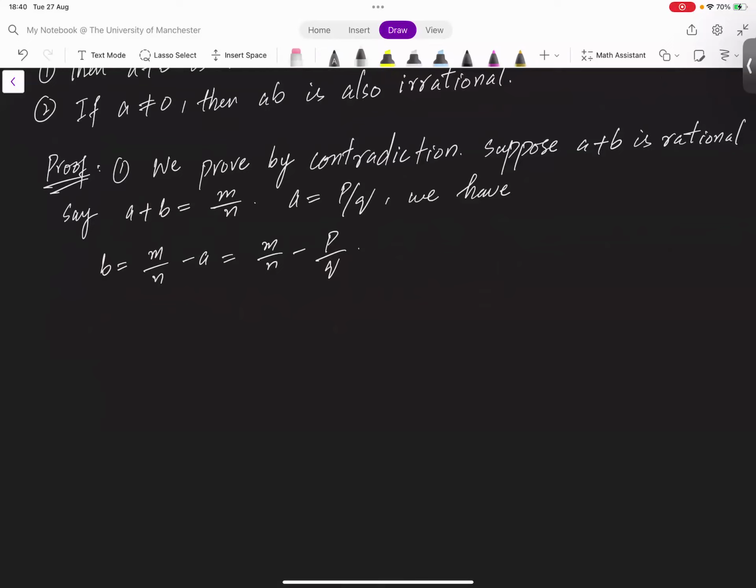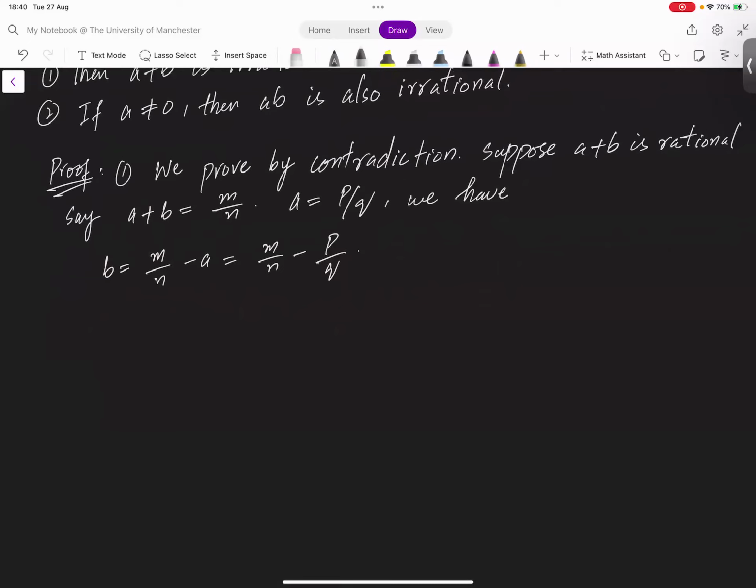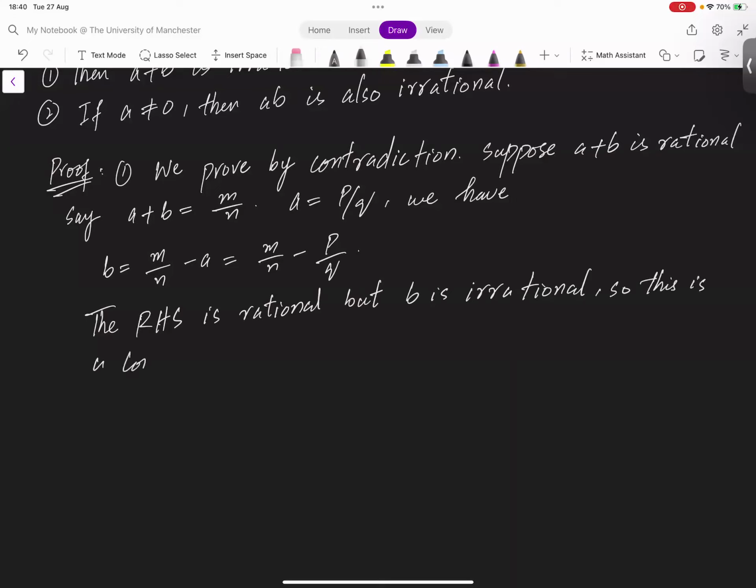So this is a contradiction. Hence, a plus b is irrational.